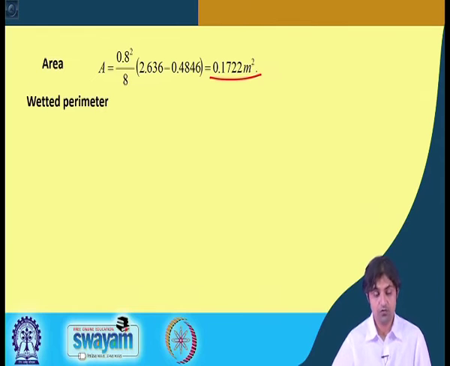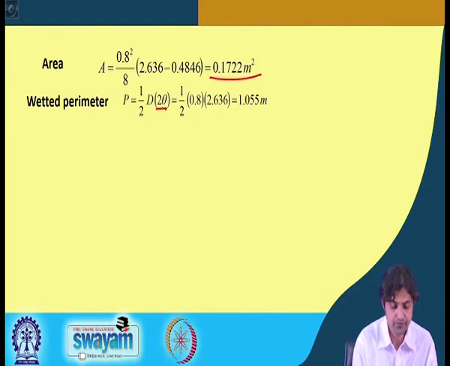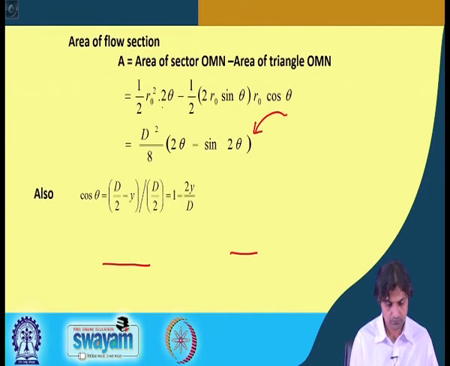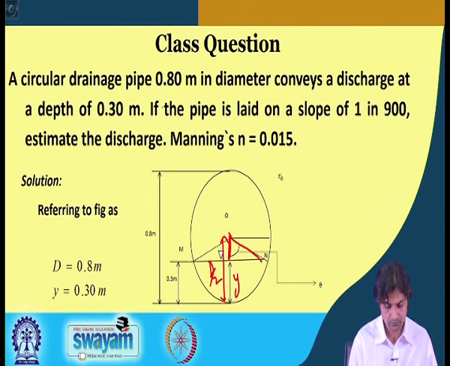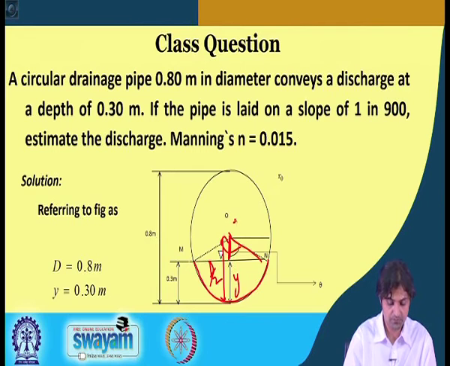Now, what is the wetted parameter going to be? It is simple: half d into 2 theta, so r into 2 theta.